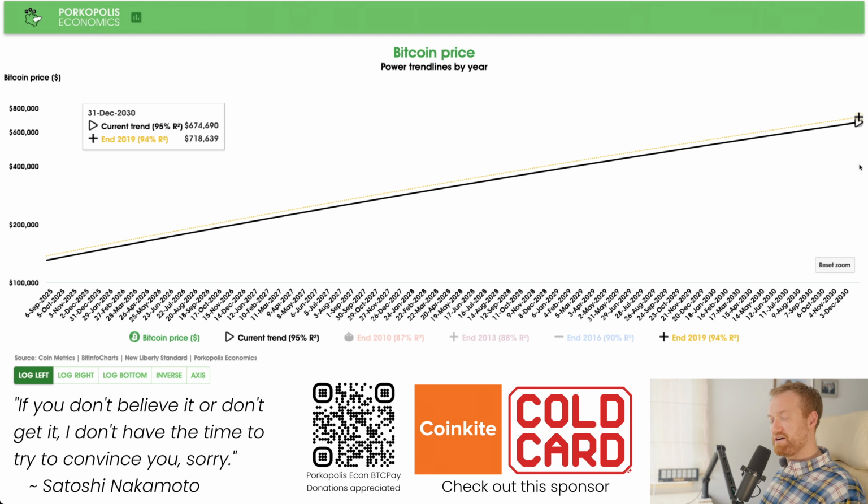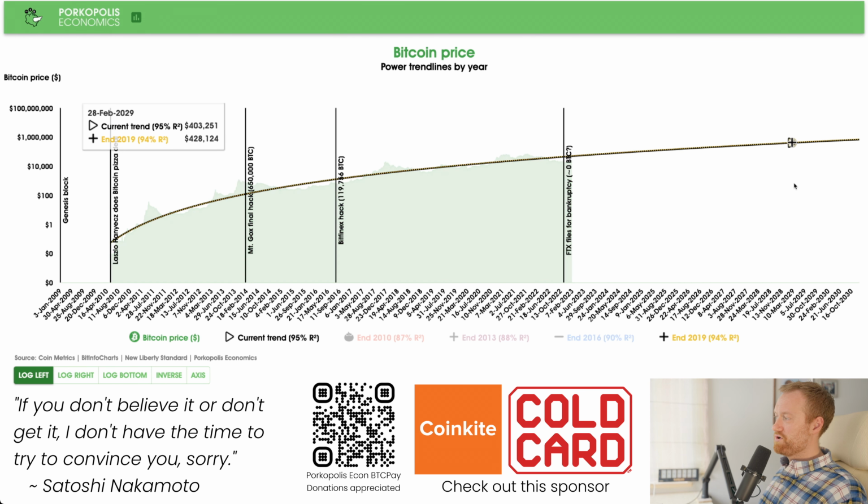So $675,000 predicted based on the current all-time trend, and the year-end 2019 trend, $718,000 Bitcoin. So here, about a $45,000 difference in price, and that's where the current trend line is, about $45,000 lower than the 2019 trend line.